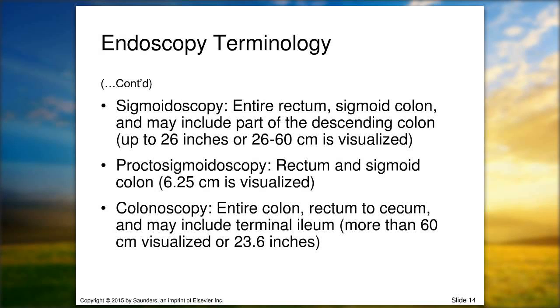So again, the parts of the anatomy involved, you want to know what they are, because there might be possible inclusion of the terminal ileum. When you look at it, it doesn't look like it, but your intestines are pretty large. For sigmoidoscopy, it's up to 26 inches that you see.